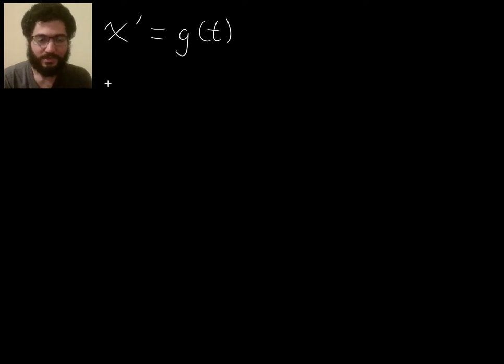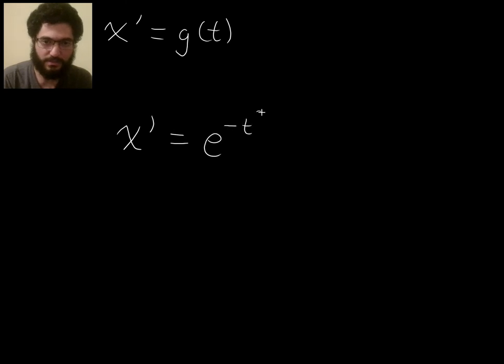Okay, so what do we do when we just don't know how to write down explicitly an antiderivative for the function over here? Let me just give you an example. Suppose you have this differential equation, x prime equals e to the minus t squared.